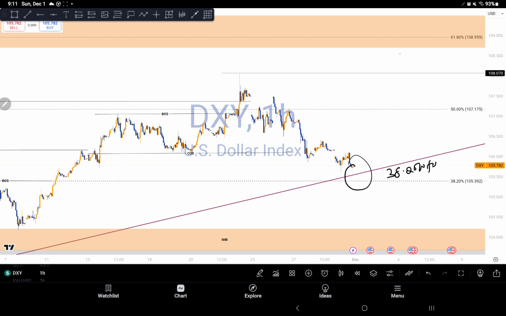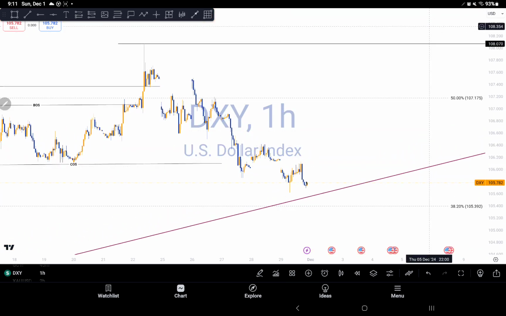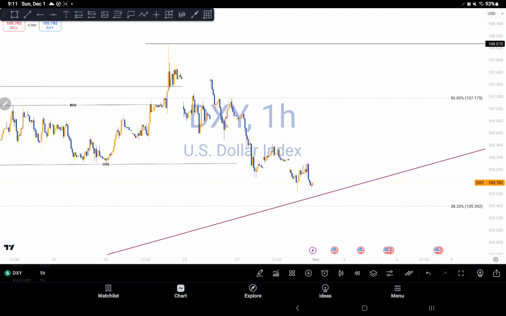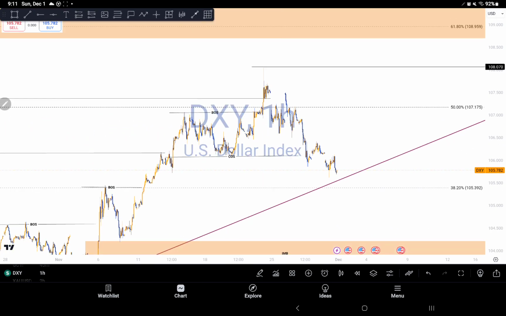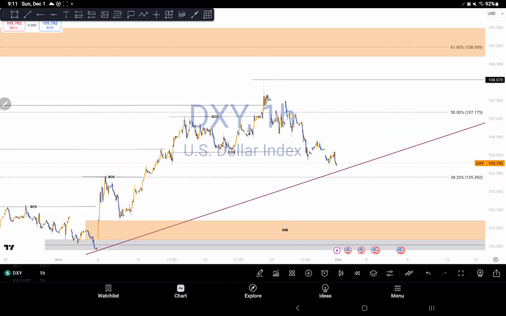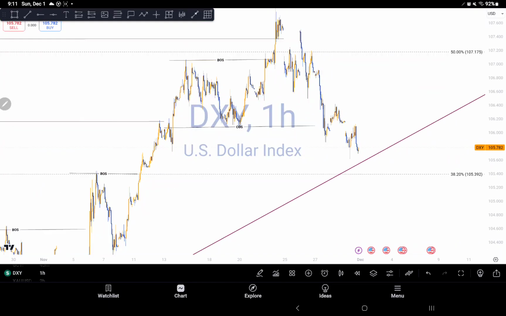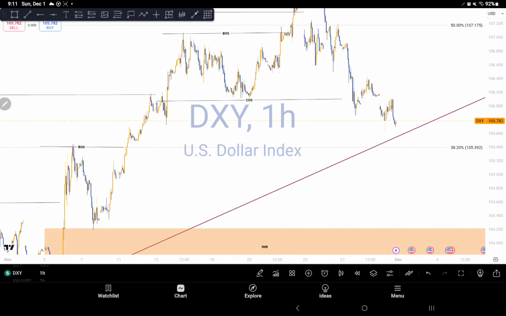If we continue to see some sort of reaction around this area, and I see some sort of change of structure around that area, then there is a possibility that it might come to this area to possibly reject from, right?